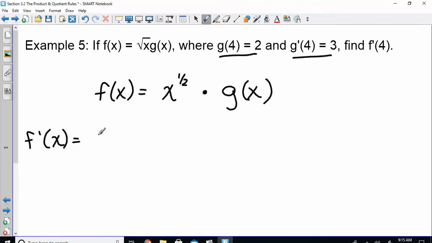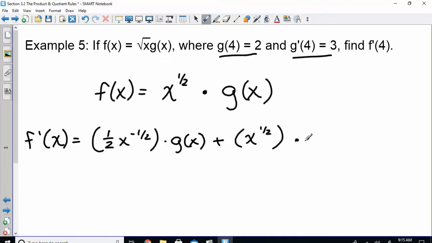So if we do this derivative, you do the derivative of the first, so derivative of x to the 1/2 would be what? 1/2 x to the -1/2 times the second, plus the first one, so x to the 1/2, times the derivative of the second, so that would be g prime. So that's all I can work out so far, but I'm asking you to find f prime of 4.